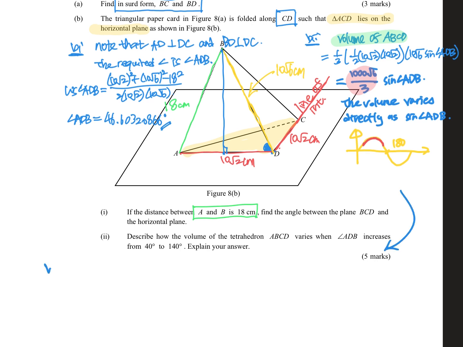So when angle ADB increases from 40 degrees to 90 degrees, maybe we can have a bigger sine graph here.